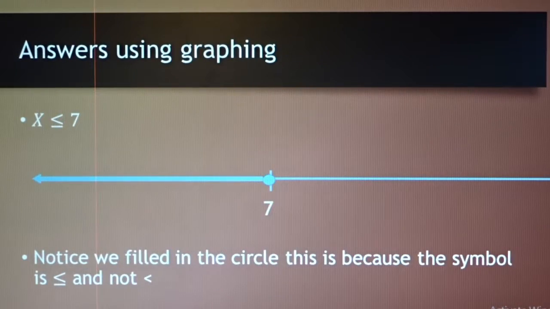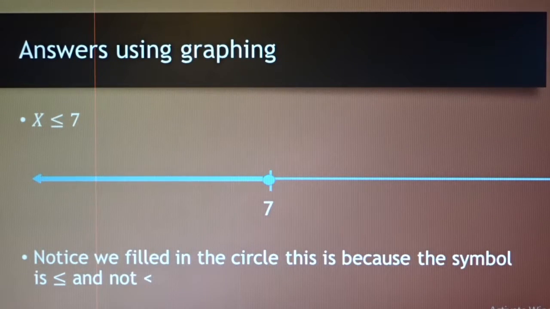For answers using graphing, in our example, we have x is less than or equal to 7. Notice that I shaded the x's to the left of 7, the ones that are less than 7. So 6, 5, 4, 3, 2, 0, negative numbers. Notice that I also made the line darker.